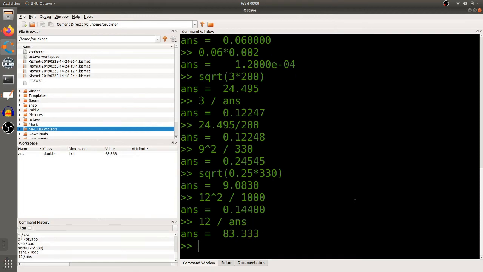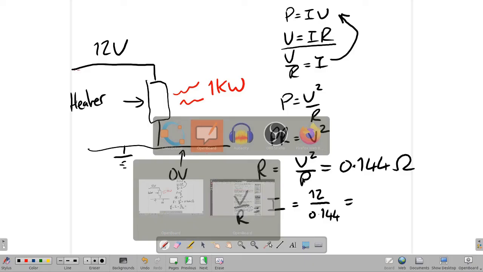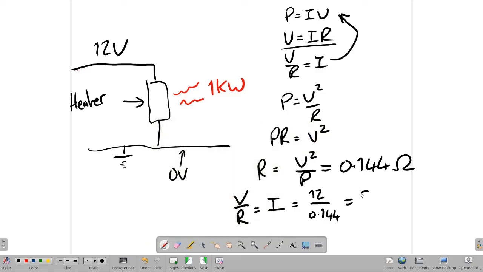And that gives us 83.33 amps. So what we've done is we've rearranged to find our resistance, and then we've put that into V equals IR to find our current.